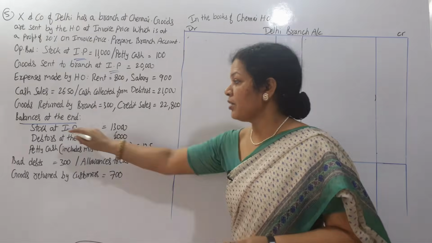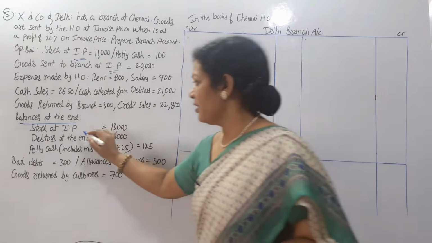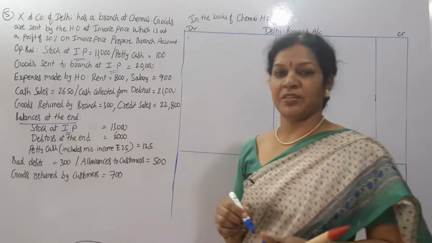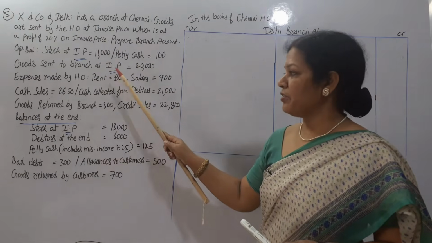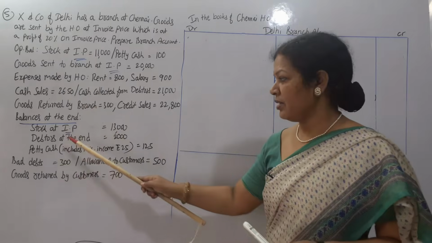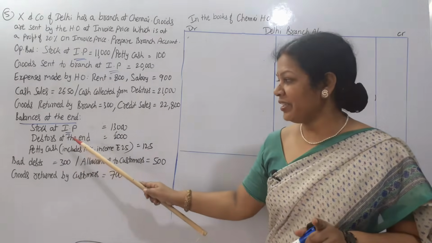Closing stock, okay. This is also invoice price. Total three invoice prices are there: opening stock, goods sent to branch at invoice price, and closing stock. And debtors, end of the year debtors are given.